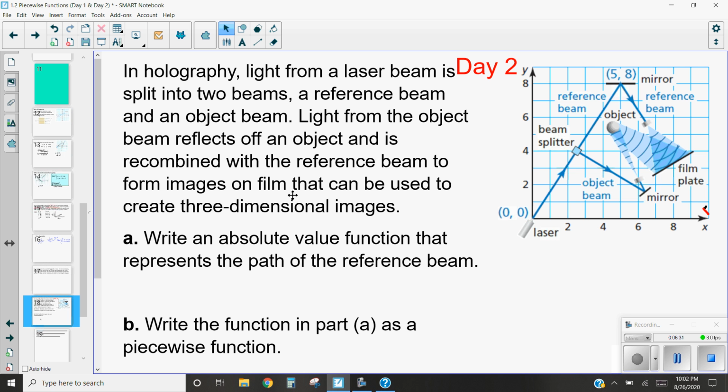Super cool. Now, you are using these piecewise functions here for a problem like that because you have it going up to here and then it bounces off. So you've got from negative infinity, or in this case from 0 to 5, and then from 5 on, right? So that's kind of what we're looking at there.